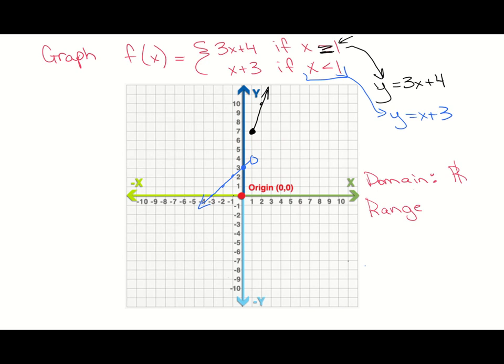Okay, so I'm going to say that my range is y is everything less than 4, and it's also y is greater than or equal to 7. So that's it. My range is everything that's less than 4 and that's greater than or equal to 7.